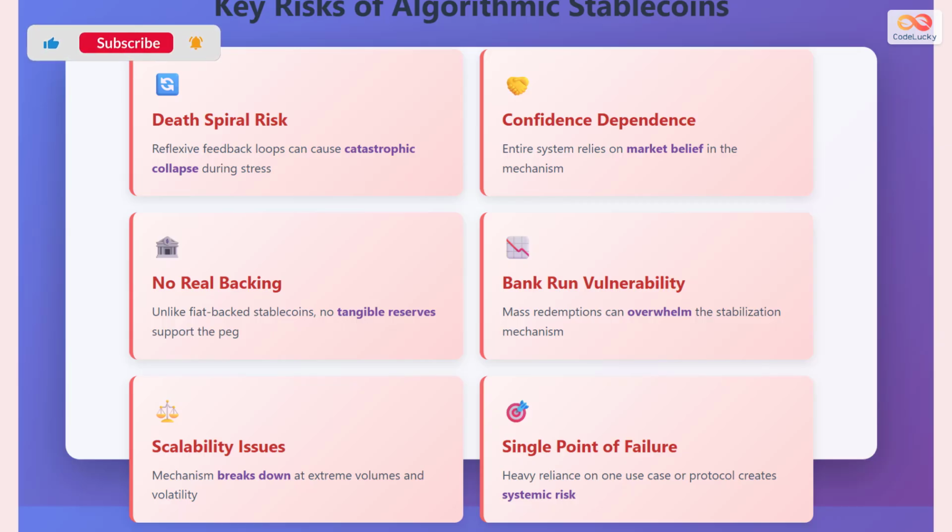Fourth, bank-run vulnerability. Mass redemptions can completely overwhelm the stabilization mechanism. Fifth, scalability issues. The mechanism breaks down under extreme volumes and volatility. And sixth, single point of failure. Heavy reliance on one use case or protocol creates dangerous systemic risk for the entire ecosystem.